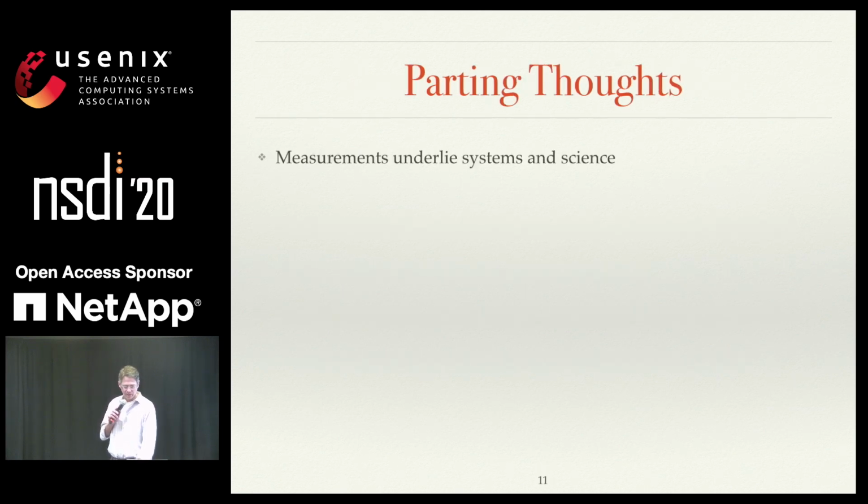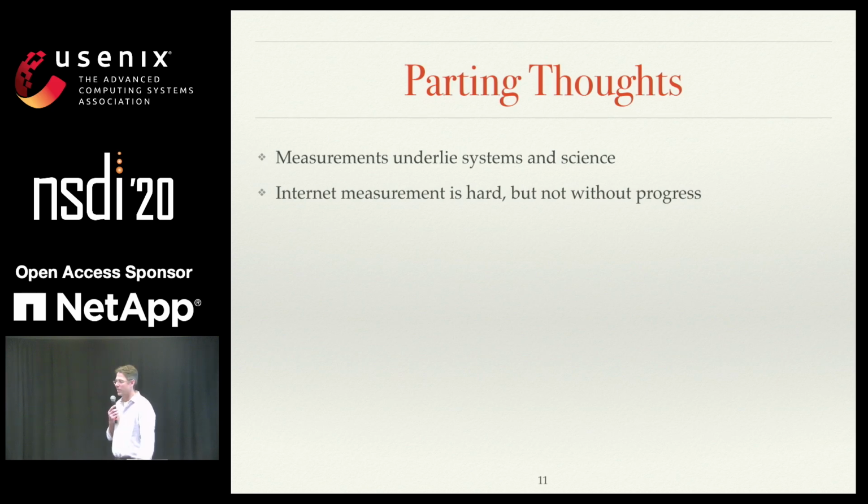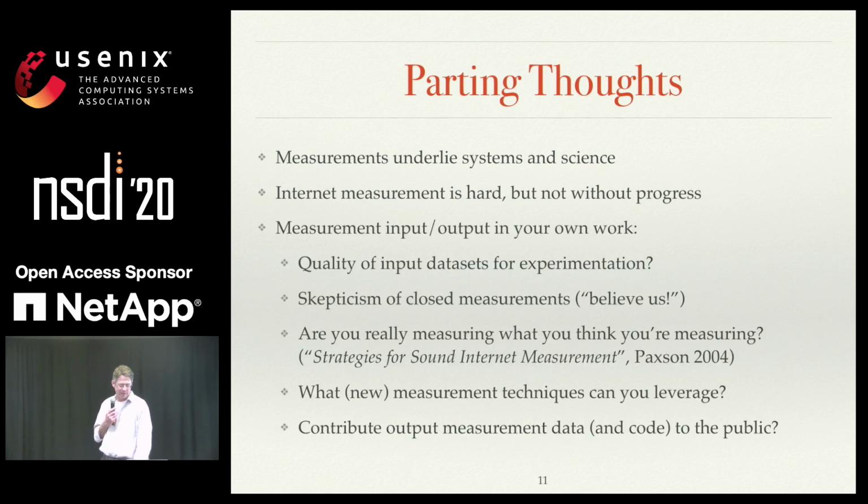A few thoughts before I wrap up here. So, measurements underlie systems and science. Internet measurement is hard, but I definitely don't want to give you the sense that there's not progress being made, because the community is extremely active. And I guess I would encourage folks to think about the measurement input and output in your own work, right?